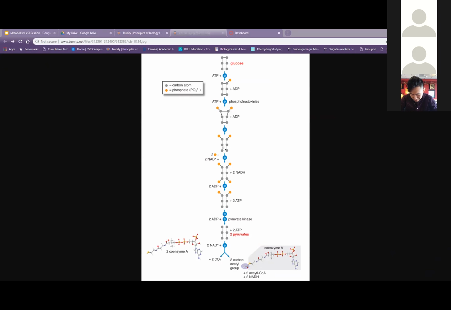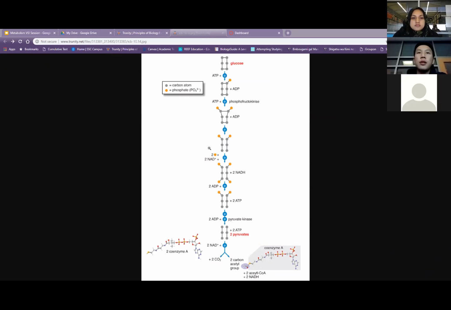So let's move on to this part. As you can see here, 2 NAD plus comes in and gets reduced into 2 NADH, and you also make two 3-carbon molecules with 2 phosphate groups attached to them.